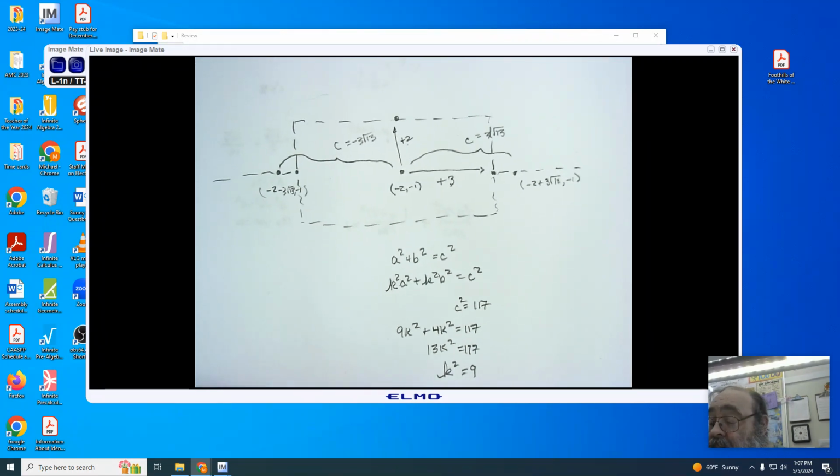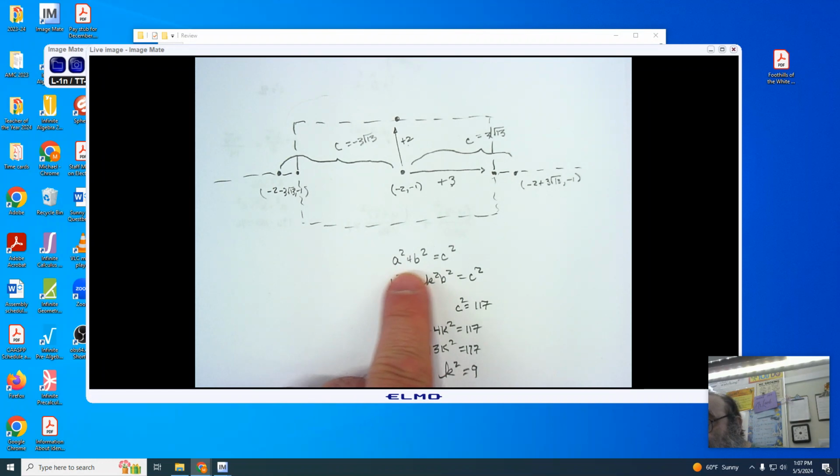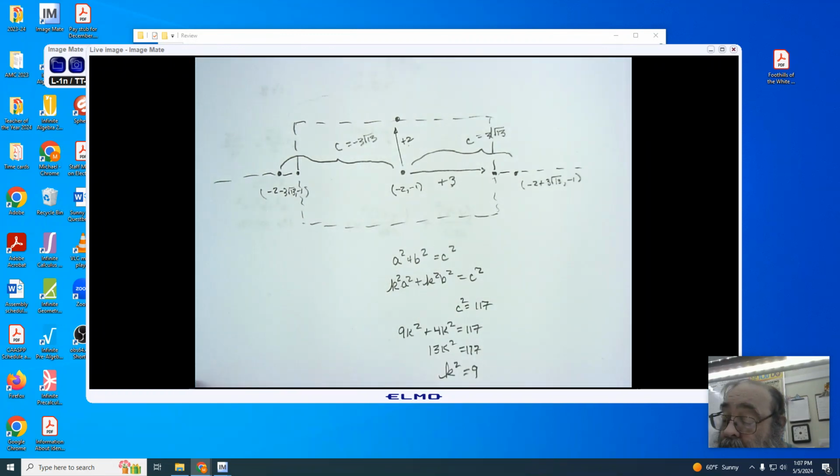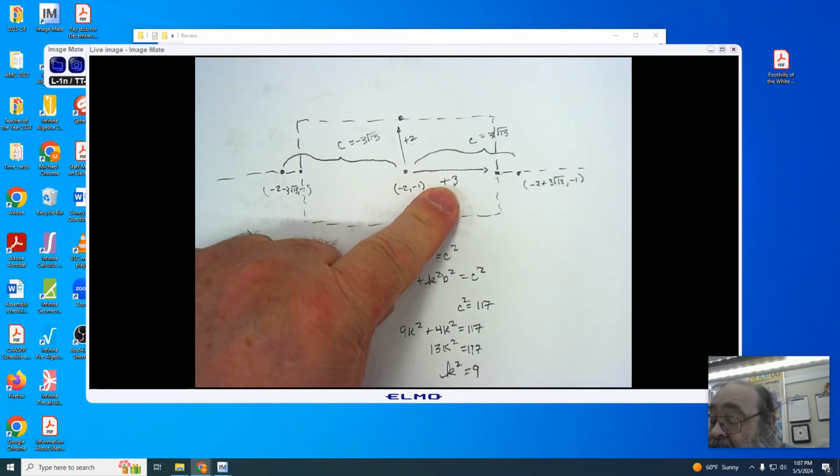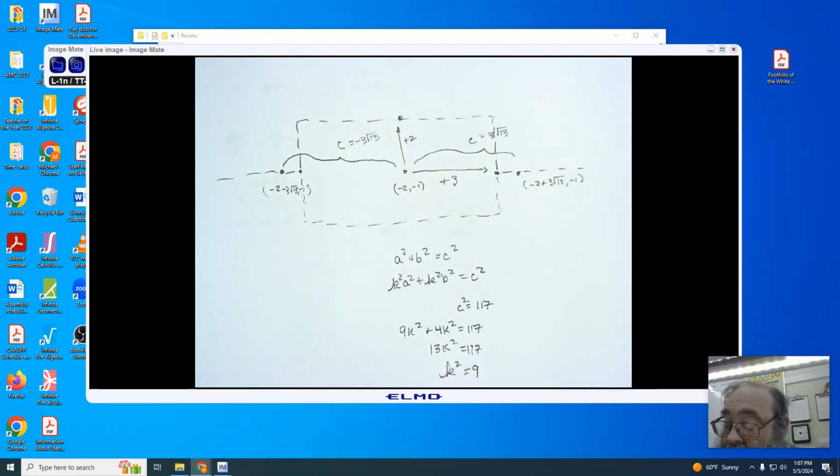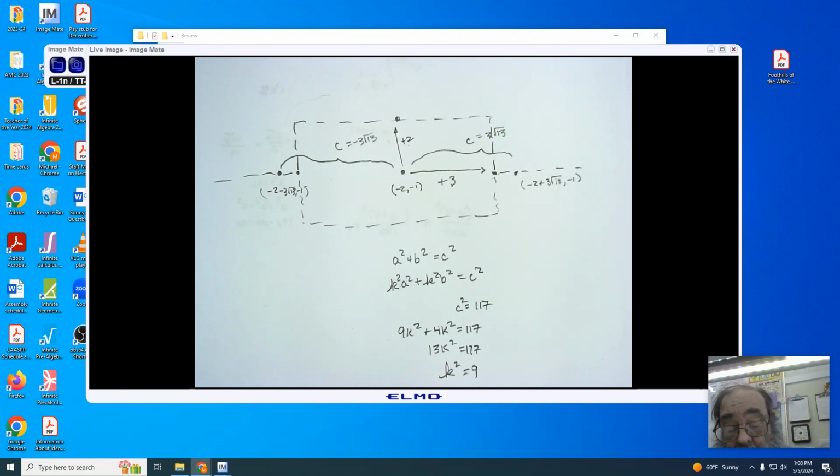And so whereas I was looking at this being my denominator, a squared and b squared, in a hyperbola, I'm now changing that. It's now going to be k squared a squared, k squared b squared. And that means I have 9 times 9 is 81. And then I have my b squared, and 4 times 9 is 36.